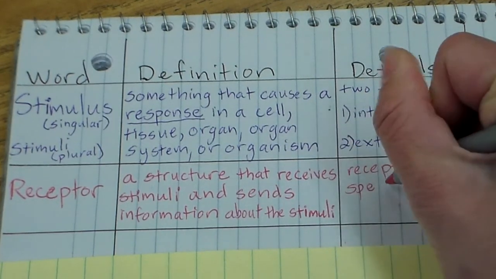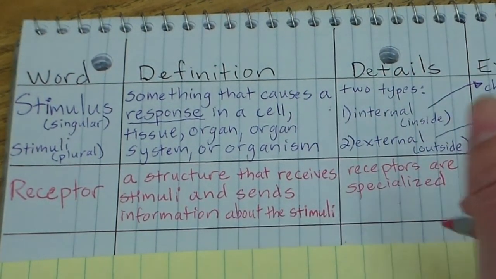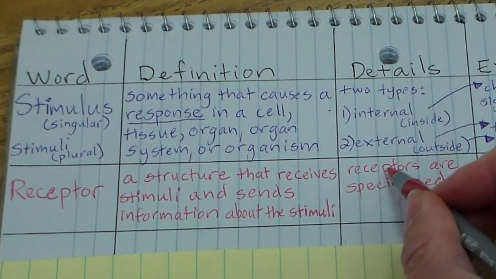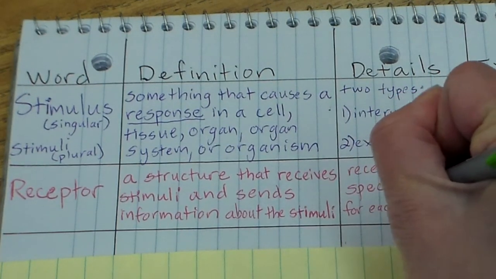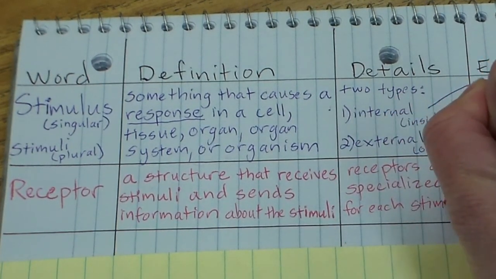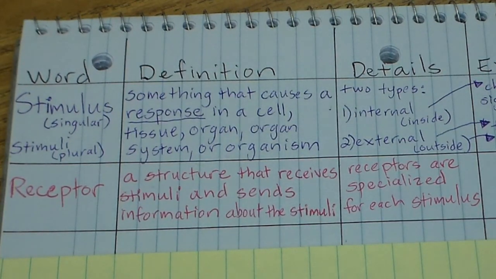There's that word again, specialized. We saw that when we were talking about cells joining together to form tissues. Receptors are specialized for each stimulus. You'll quickly understand that as I show you some examples here.